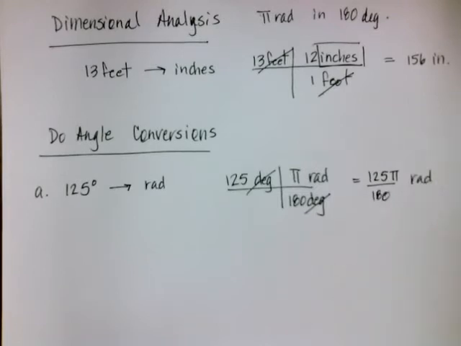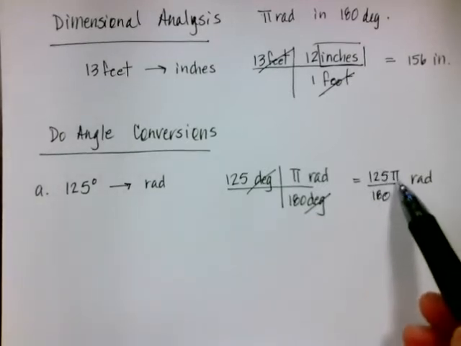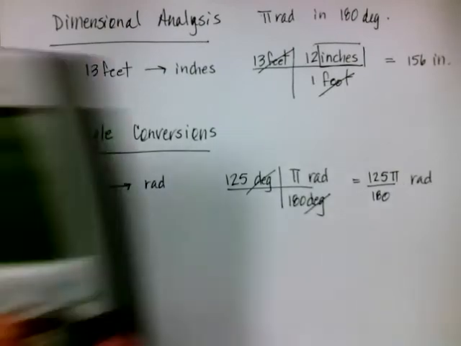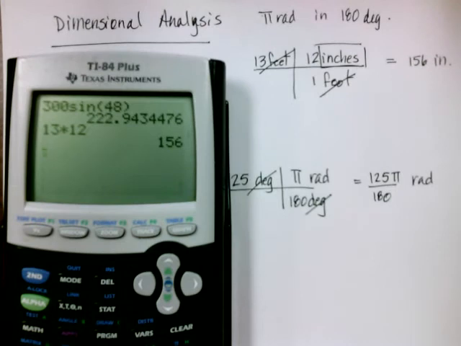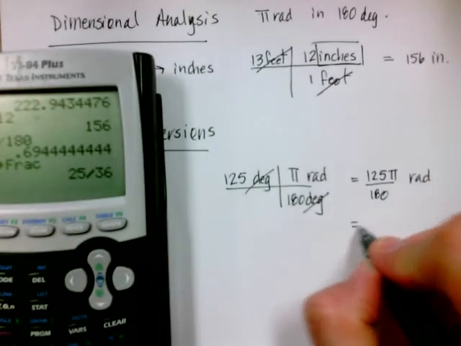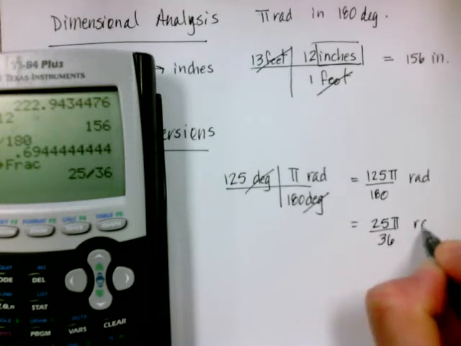Now a couple of things that are standard when we're doing radians. Almost always we're going to leave this as a reduced fraction and we're going to leave pi as part of the answer. So in my handy dandy grapher, I'm going to do 125 divided by 180, hit enter, and then math frac it, and I'm going to get 25 pi over 36 radians.